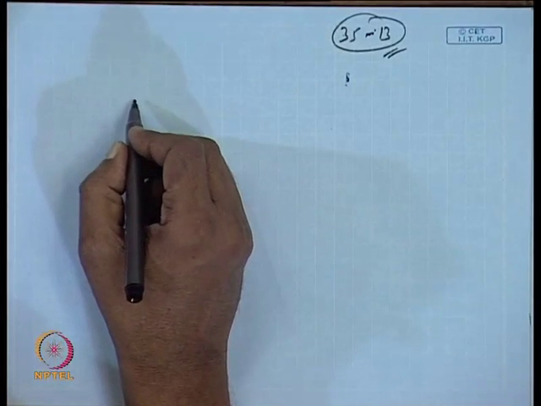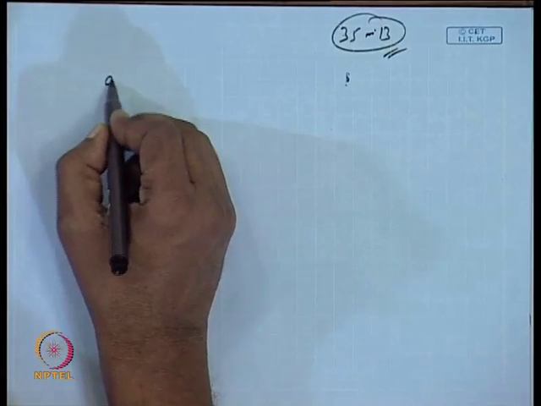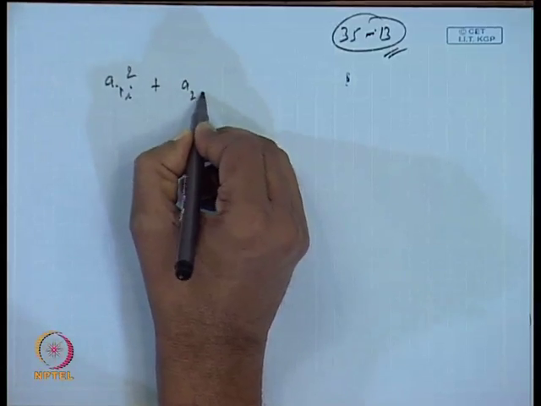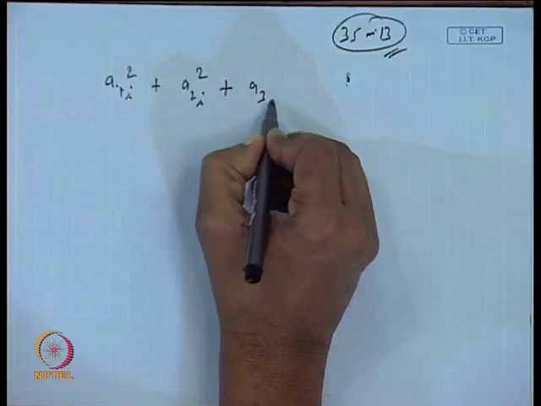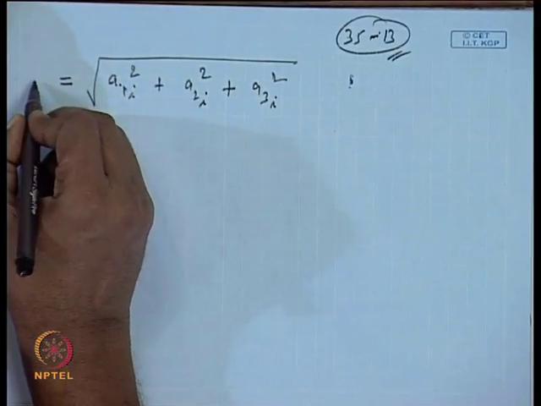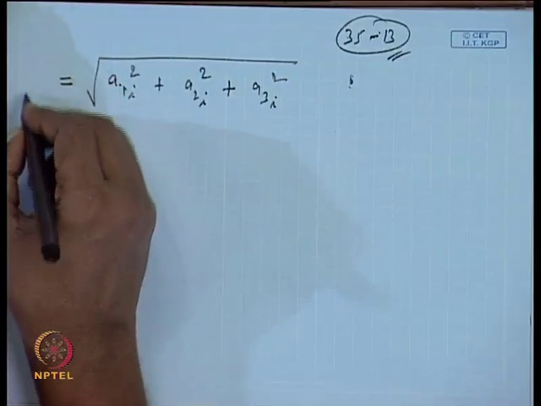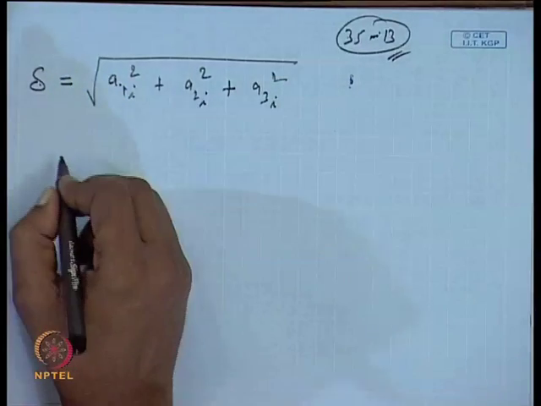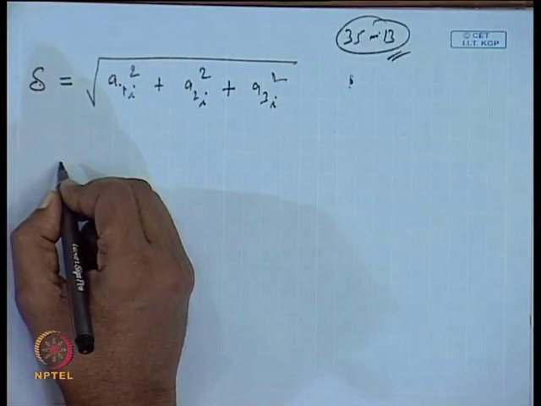Okay. And thereafter, what you need to do is square A 1 I, A 2 I and A 3 I, take the square root of this and write this as, let us say, a quantity delta.